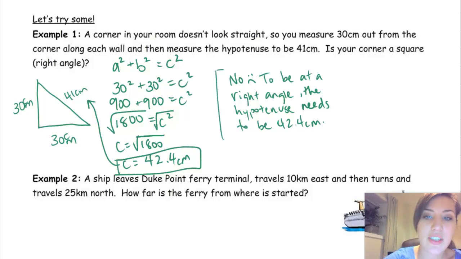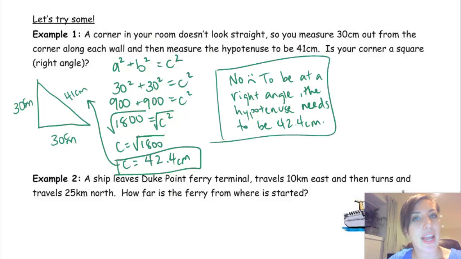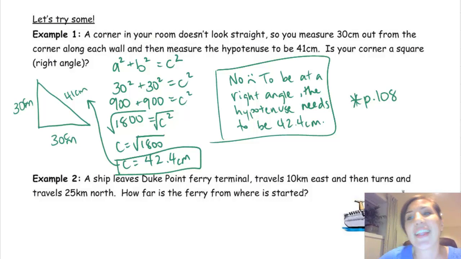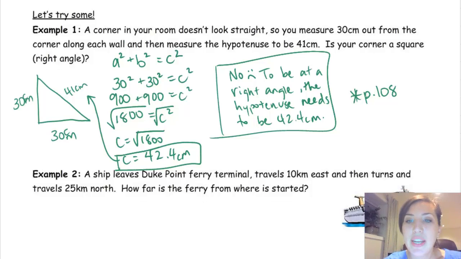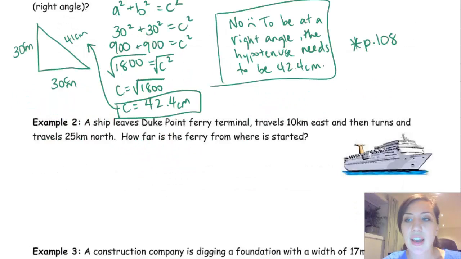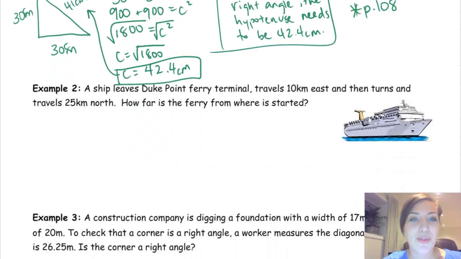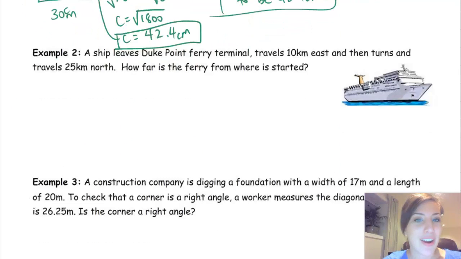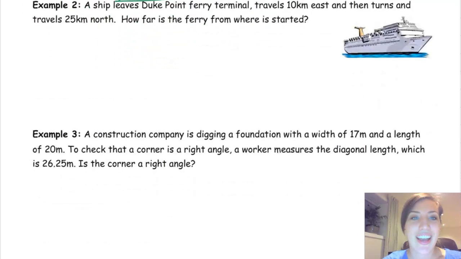So there is our answer: it's not a right-angled triangle. Now there is another method on page 108 of your textbook that goes through it a little bit differently. If you like this way, great. If you like the textbook way, great. It doesn't matter as long as you understand how you are accomplishing your answer.